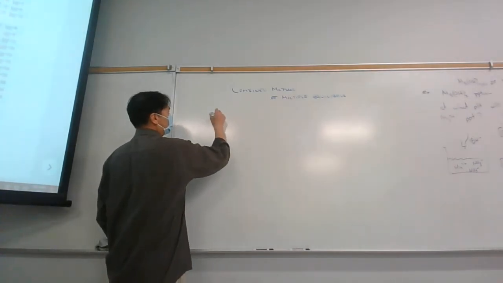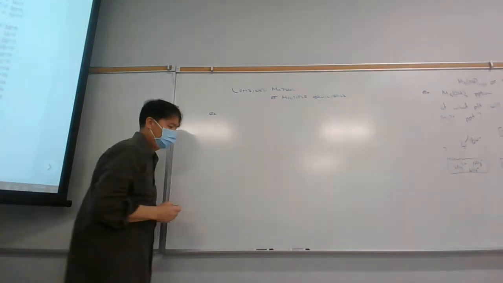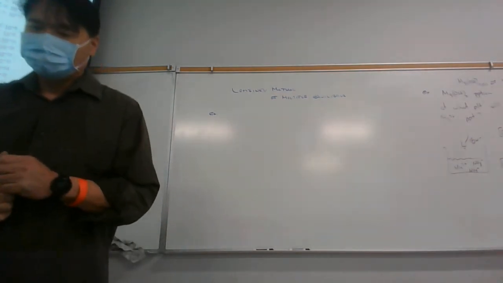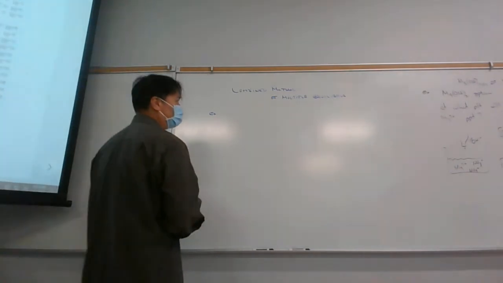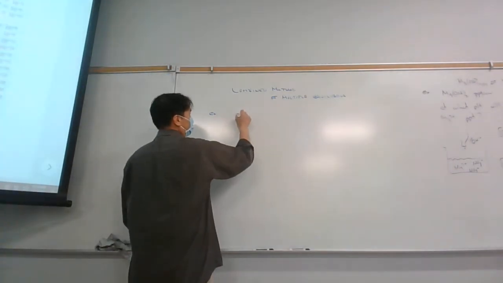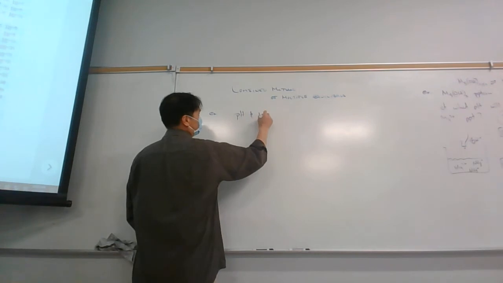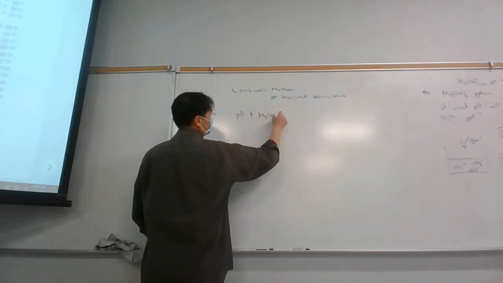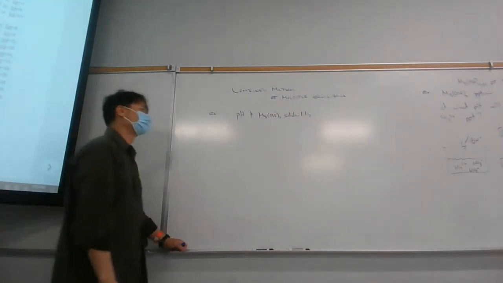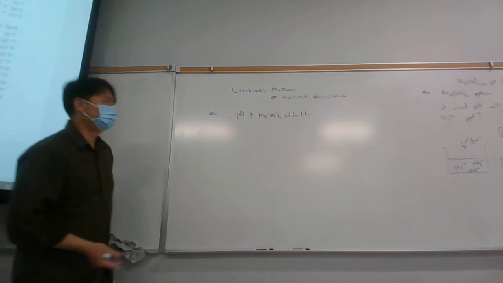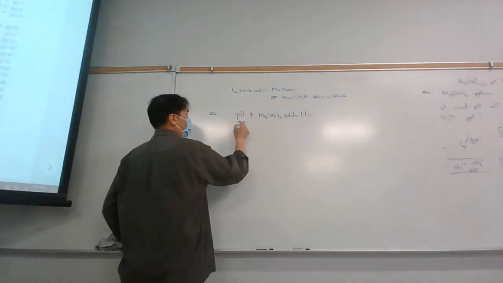so let's do an example here. We want to look at how pH impacts the solubility of magnesium hydroxide. pH and magnesium hydroxide solubility. pH would be acid.